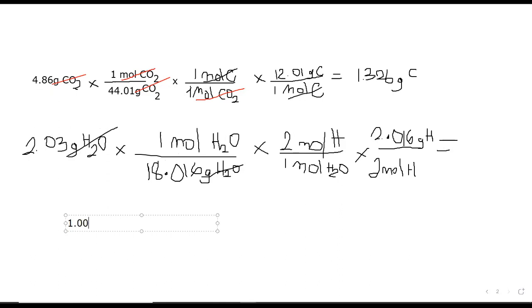Hydrogen is 1.008, and there are 2 of them, so it is 2 times that, plus oxygen, which is 16.00 if you are following the periodic table, giving us 18.016. Okay, for those of you who are not following there.